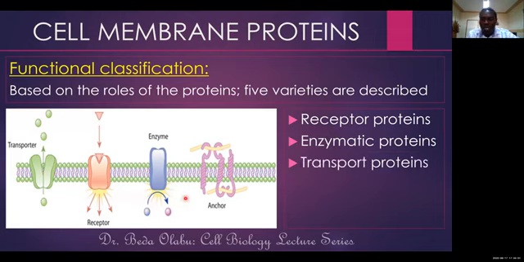Some of these proteins are transport proteins. And there are two categories of transport protein. When we say transport protein, it means that they facilitate movement of substances across the cell membrane. There are those transport proteins which we will classify as being ion channels.